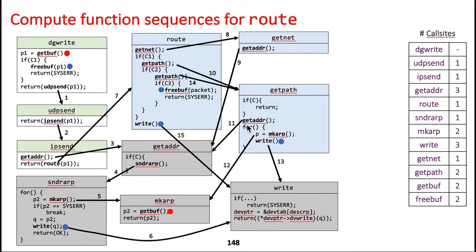We computed the multi-level function sequences for the chunk which consists of the functions getAddr, sndArp, makeArp and write. Now we will do the same for the second chunk, which consists of the functions route, getNet and getPath.